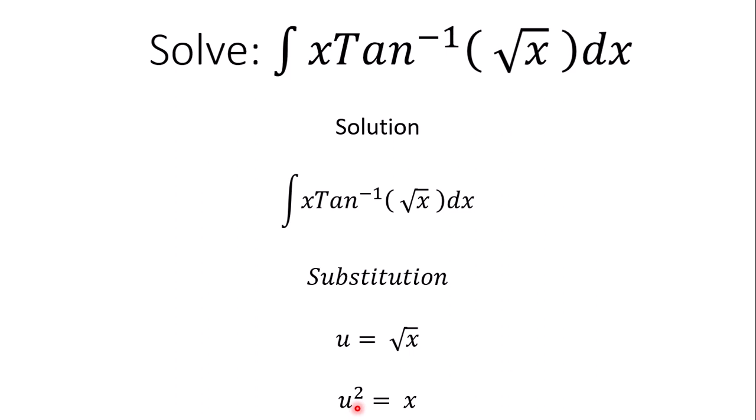Now let's differentiate. When you differentiate this, you are going to get 2u du, and this one as usual will give us dx. Okay, 2u du is equal to dx.